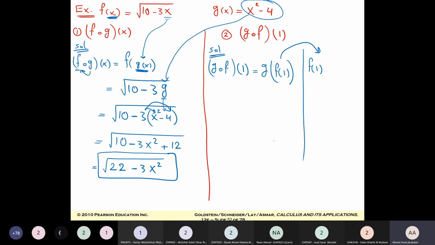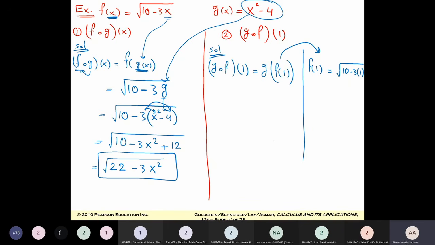We can find f of 1, right? We can find it by substituting 1 in f of x. f of 1, we took this in the last lecture: that I substitute the value of x in the function to find it. So we have radical 10 minus 3x, replace x with 1.